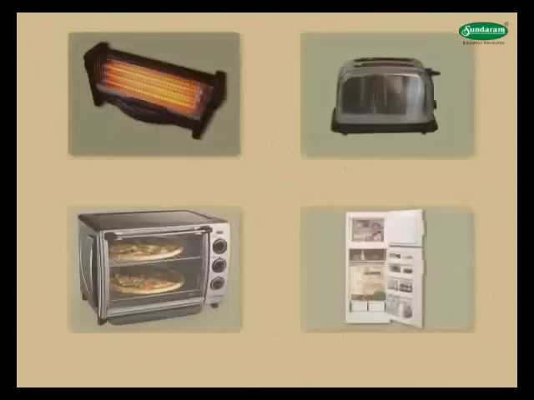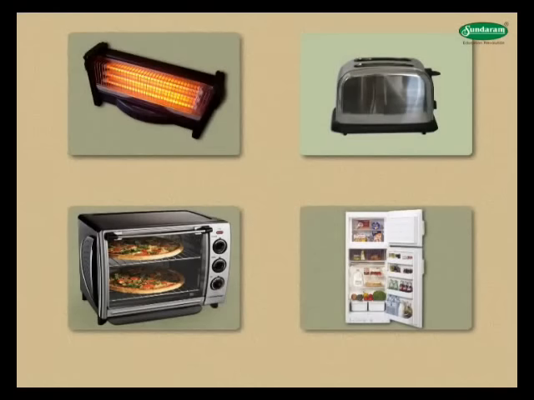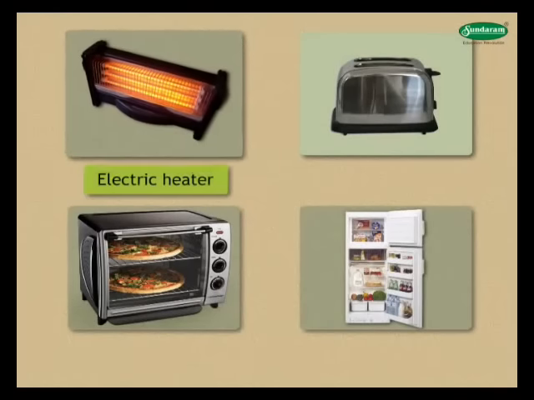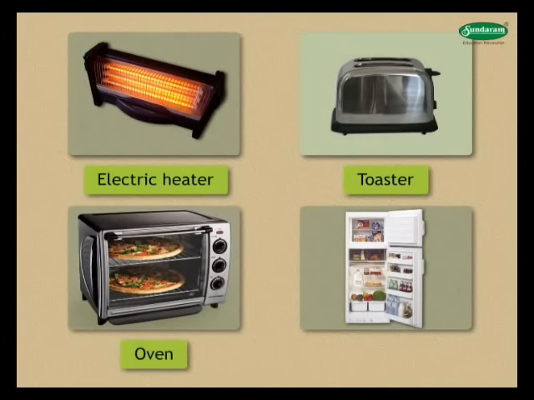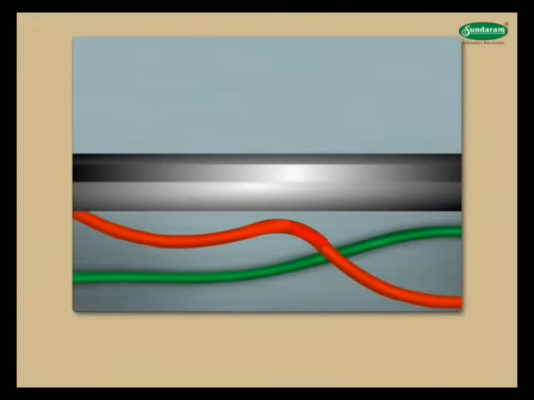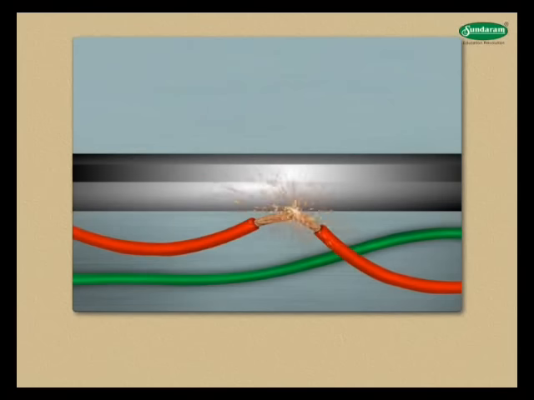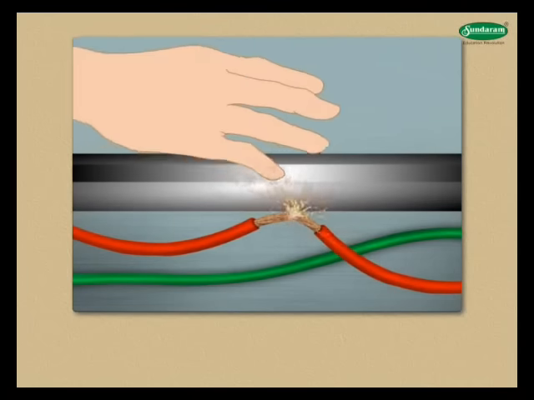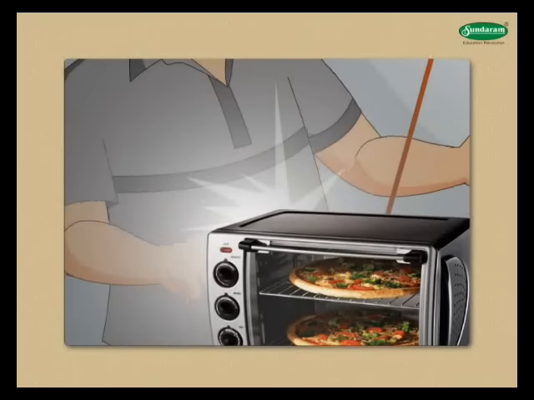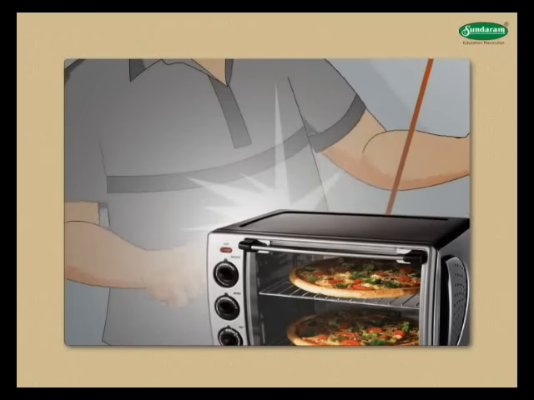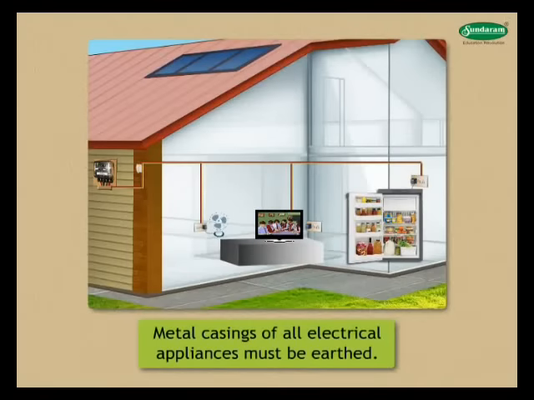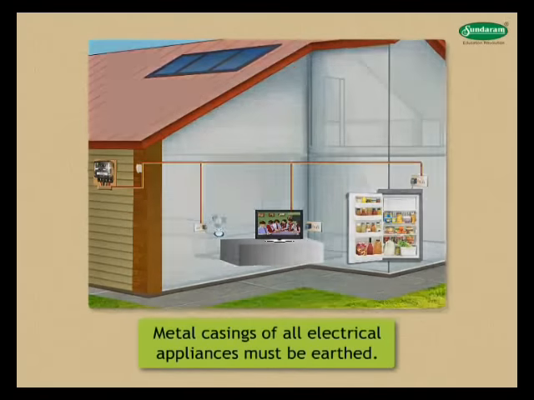Earthing. Many electrical appliances have a metallic body such as electric heater, toaster, oven, refrigerators, etc. If by chance the insulation of the wire melts, the live wire may touch the metallic body of the appliance. If we touch this body with bare hands, we may receive a severe shock. To avoid such accidents, metal casings of all electrical appliances must be earthed.